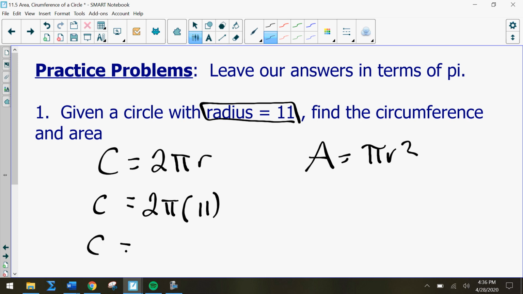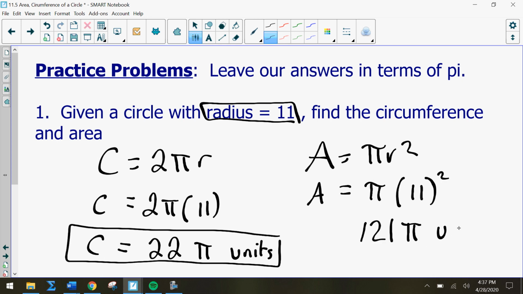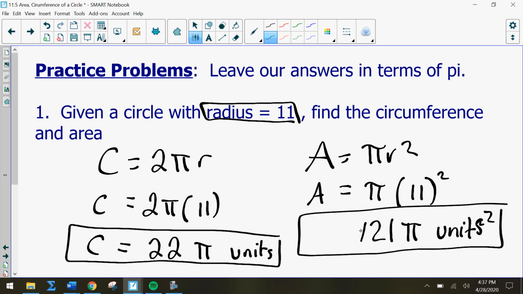So our circumference is 22 pi units. So in terms of pi, that means you can just leave your answer with a pi symbol. Okay, so now for this area, if we square the radius, we get 121 pi units squared now, because now we have an area.